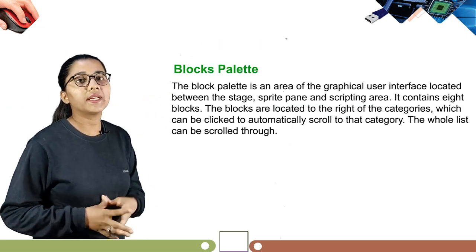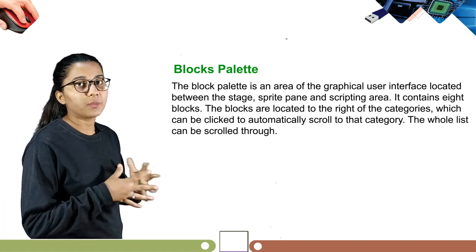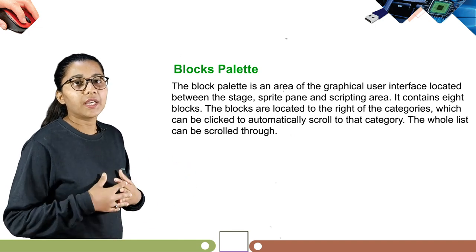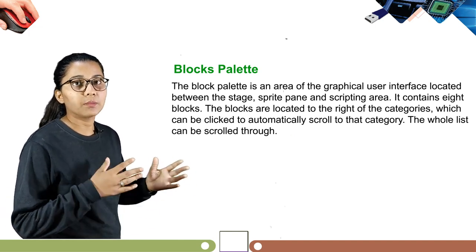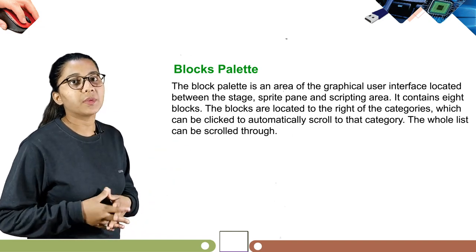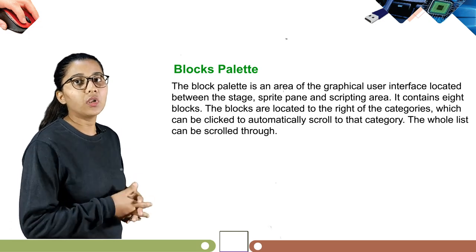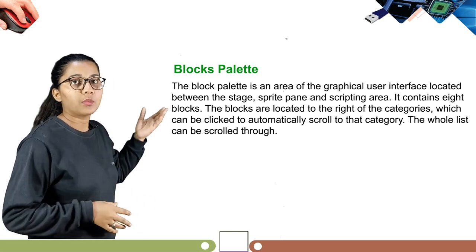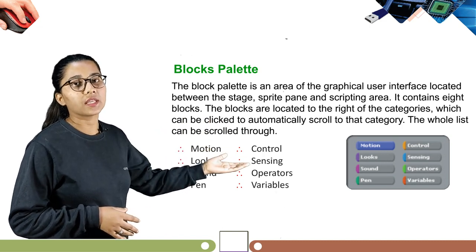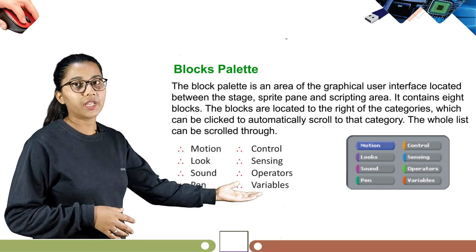The block palette is an area of the graphical user interface located between the stage, sprite pane, and scripting area. It contains 8 blocks. The blocks are located to the right of the categories, which can be clicked to automatically scroll to the category. The whole list can be scrolled through. Motion, control, look, sensing, sound, operators, pen, variables.